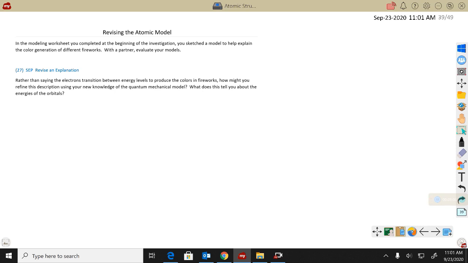Or maybe I'm moving up to a 3p orbital. That now we know that there's more than just these energy levels, that within the energy level there's different regions where we have high probabilities of finding electrons, and those electrons are still free to move amongst the energy levels and the orbitals that would exist in that energy level.